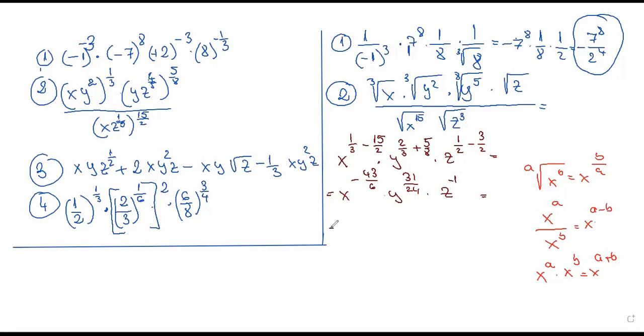So that would become 24 root y to the 31 over 6 root x to the 43 times z. Very good.